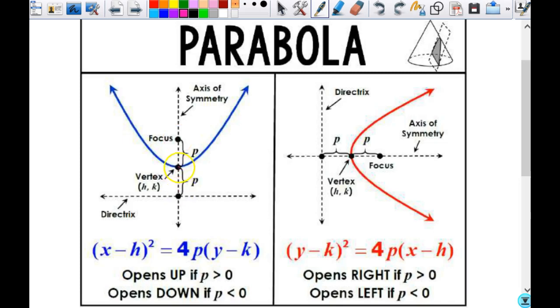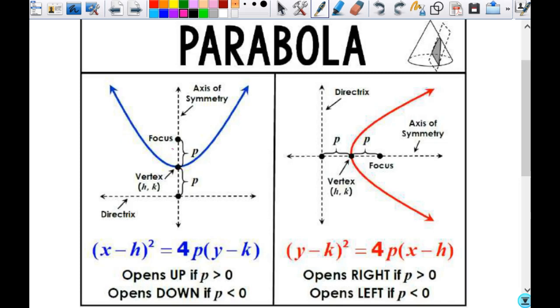Do you see how the vertex here is the same distance from the focus as it is from the directrix? These dotted lines are not the axes. They could be, that is a possibility, but that's not what this is. This is the axis of symmetry, which means I could reflect it in this line and it's the same. And then this is the directrix, and we'll look a little more at how all that stuff works in just a minute.